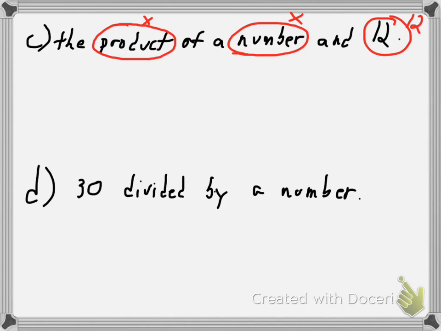So if it's the product of a number and 12, it's multiplication between 12 and our number. x times 12. You could also say 12x, because we know that if the coefficient's in front of the variable, it's just multiplication between the two. So either one of these would work, x times 12 or just 12x.